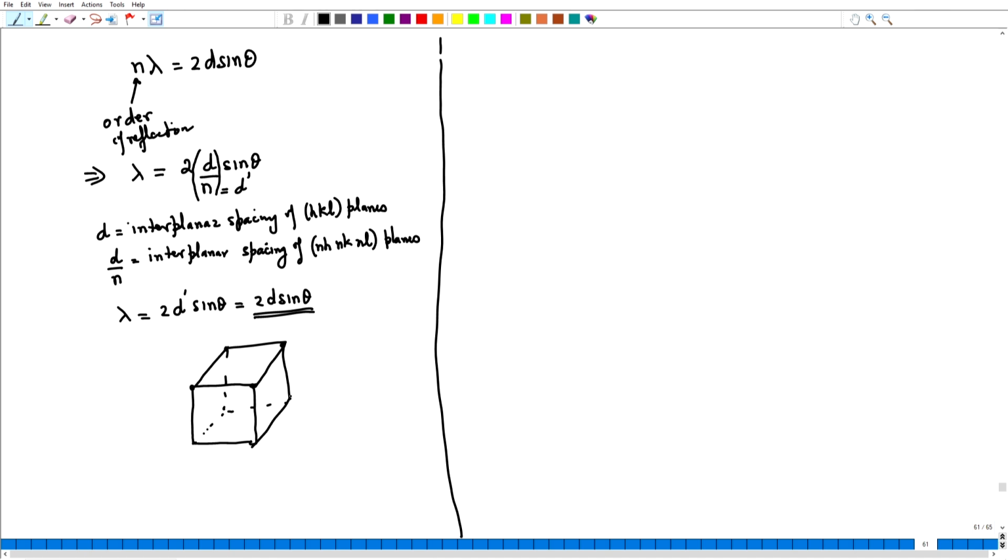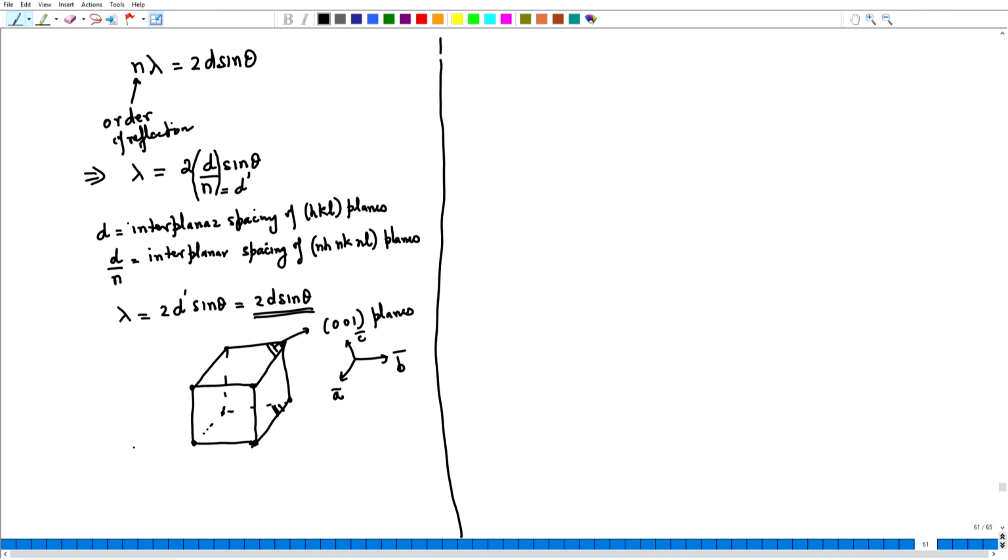So, my scattering centers are at the corners, and let us say I am looking at these planes. These are nothing but 0 0 1 set of parallel planes, where this is my reference axis. It could be cubic, it may be non-cubic, it does not matter.